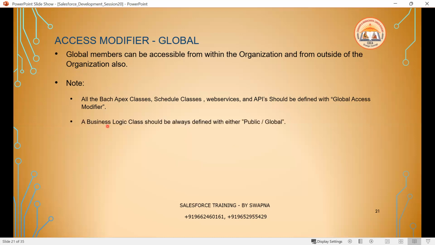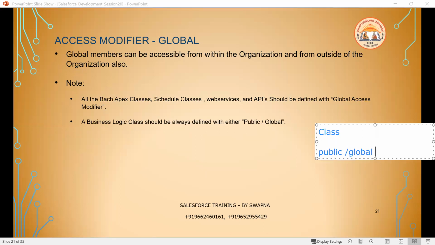Now, whenever we are implementing business logic, we can always use public and global. That means when we are implementing the Apex class, we should use either the public access modifier or the global access modifier.